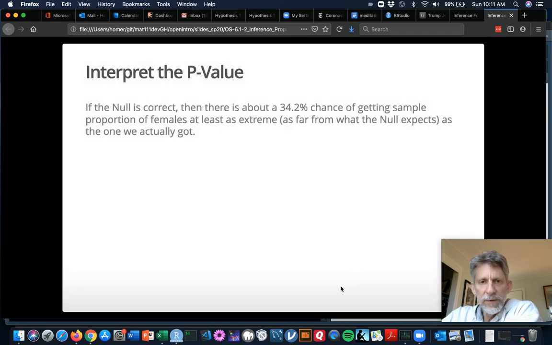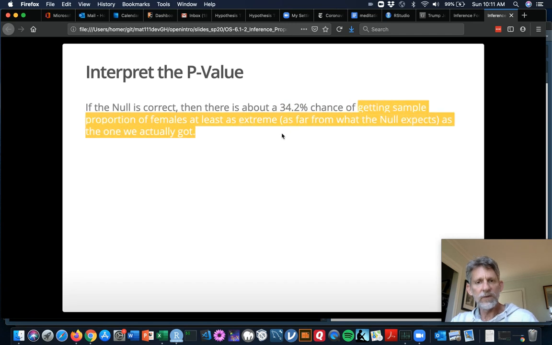So interpreting the p-value is the really important thing. A computer will get it for you, but it's up to you to tell other people what that number means. And so you use the template for interpreting p-values that we learned in Chapter 5. That template is always: if the null is right, then there is about a p-value chance of getting results at least as extreme as the ones we actually got in our data.